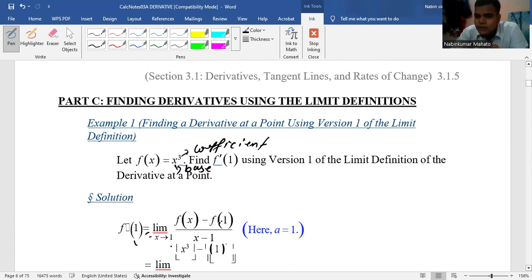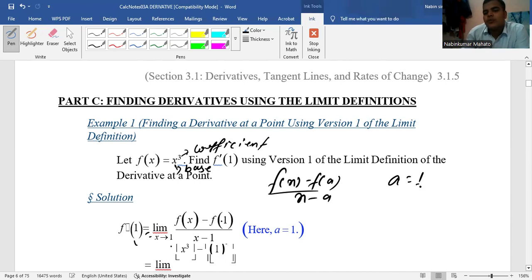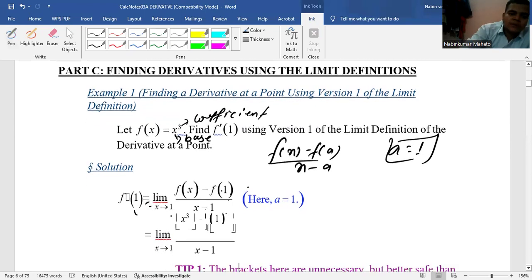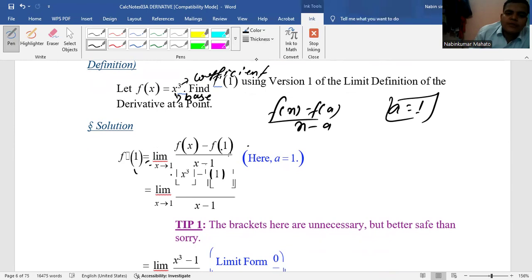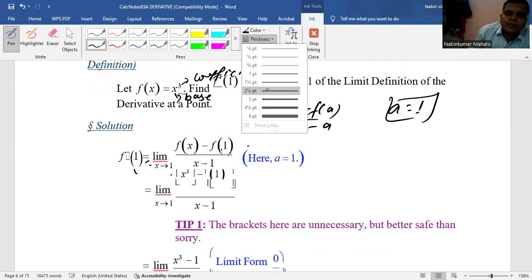This formula comes from f(x) minus f(a) over x minus a, so here a equals 1. Look here, we know that f(x) equals x cubed.